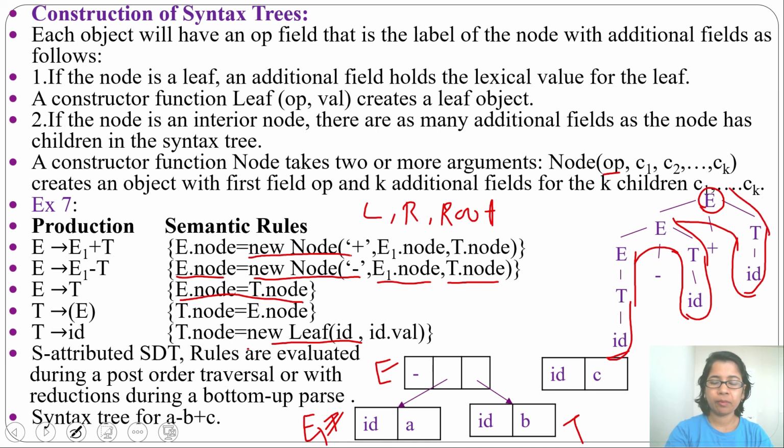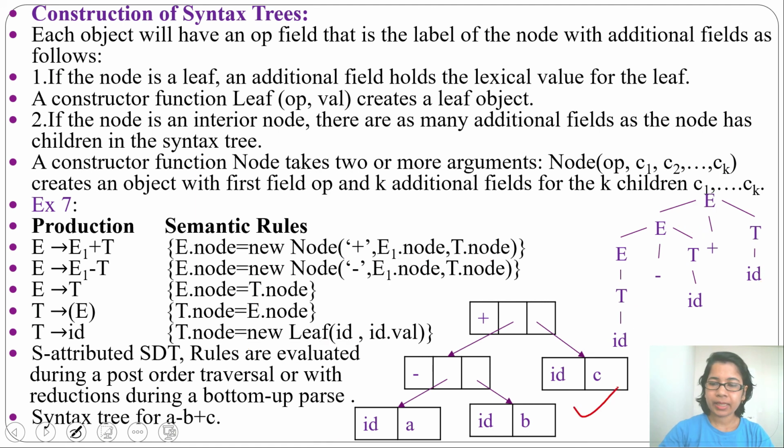Create a new node(plus, E1.node, T.node). So we'll create a new node having plus as the first field. Then it has two children, one is E1 and another is T. So this E1 will be one child, then T will be the other child. So this is the syntax tree from this derivation tree using these semantic rules.